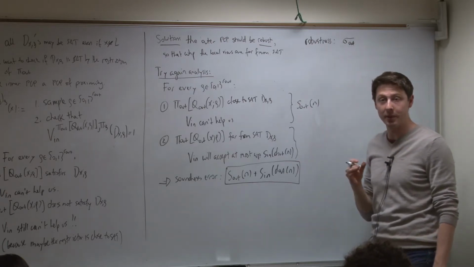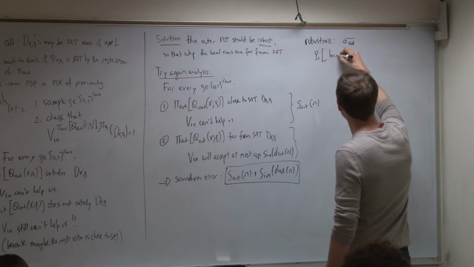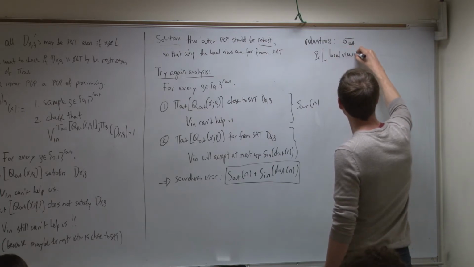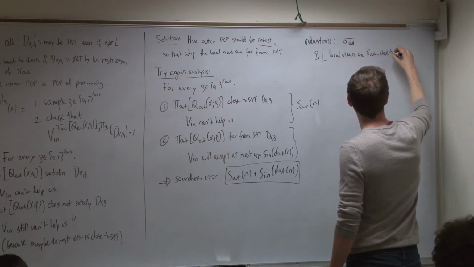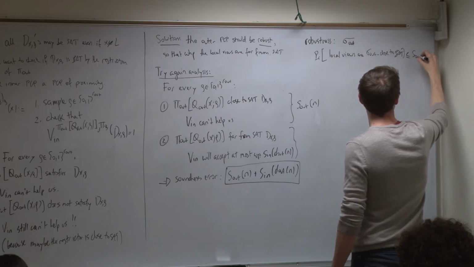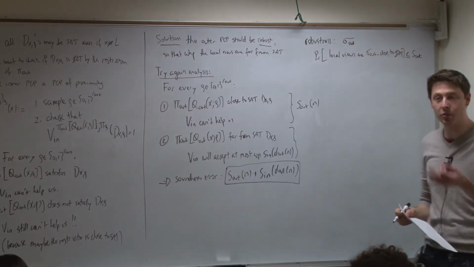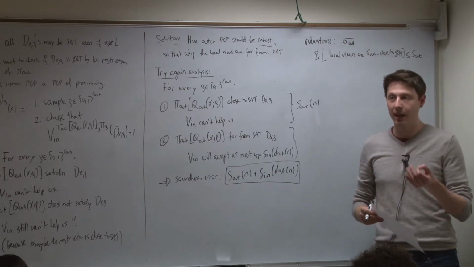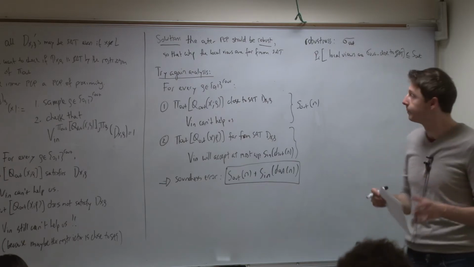This is the robustness parameter of the outer PCP, and it says the probability that local views are sigma out close to sat is at most S out, right? The robustness parameter was quantifying how close is close with small probability, okay?